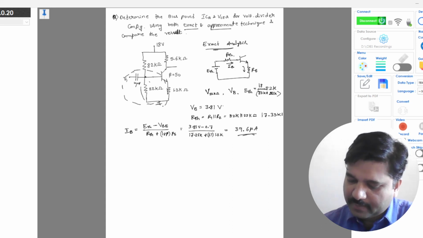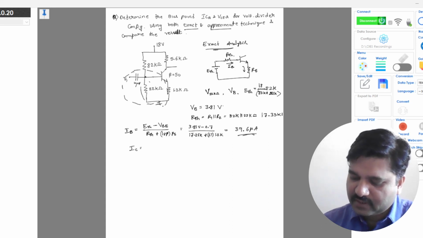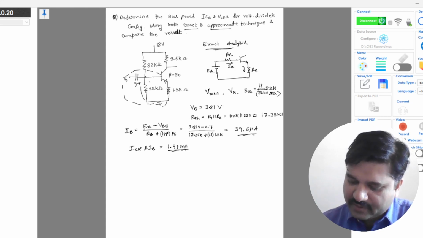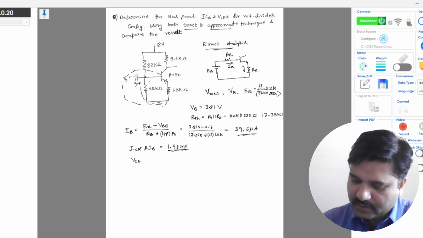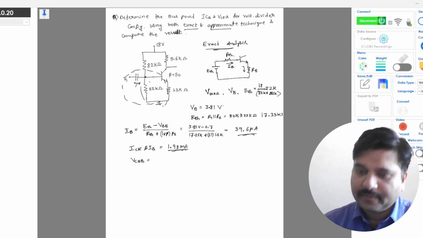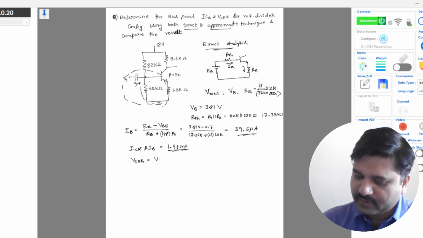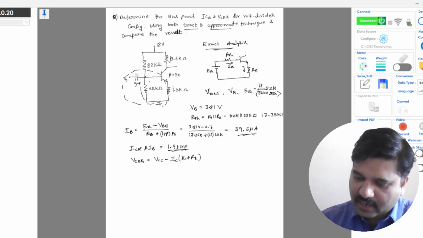Once you get IB, you can get IC, which is beta times IB, and you get 1.98 milliamps. So this is ICQ. Now to calculate VCEQ, you can apply KVL across the output loop, which is given by VCC minus IC into RC plus RE, because IC and IE are one and the same.